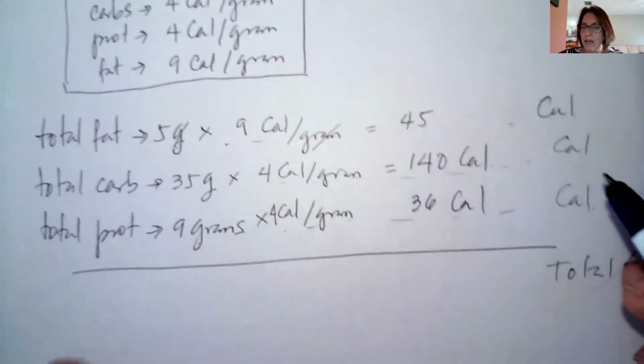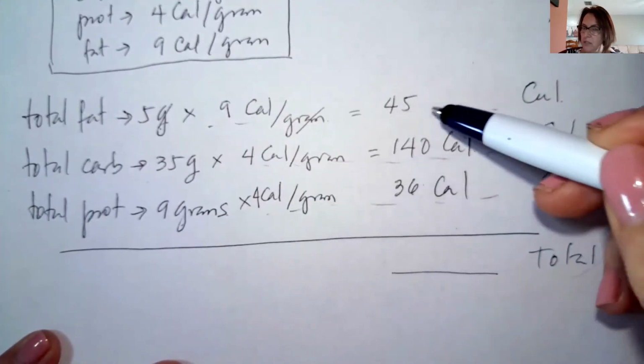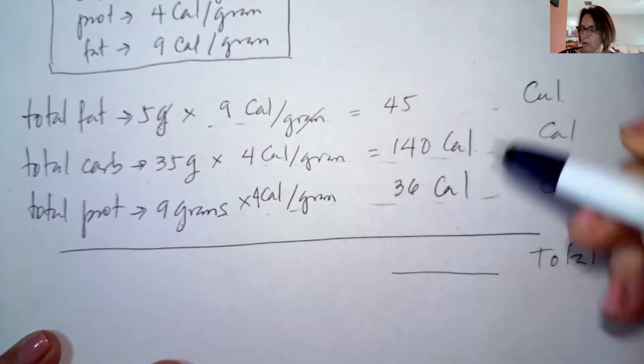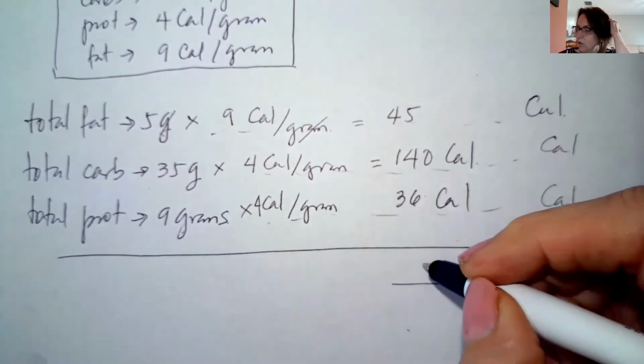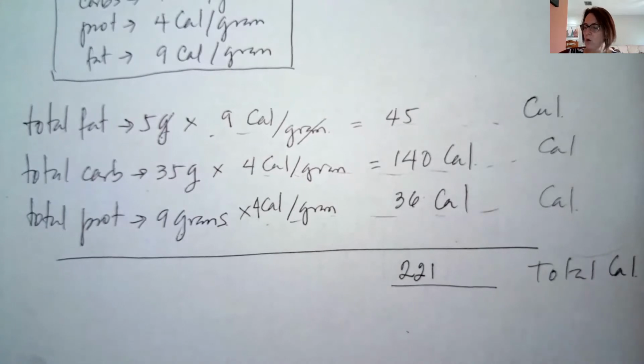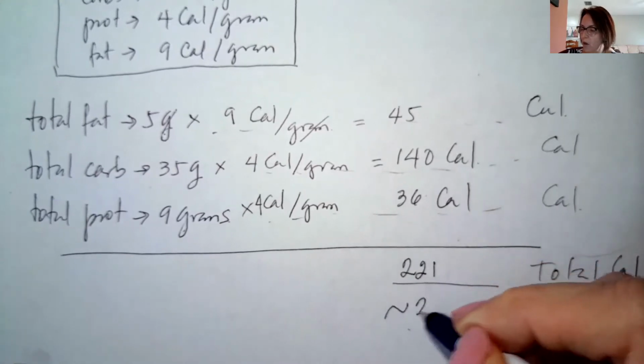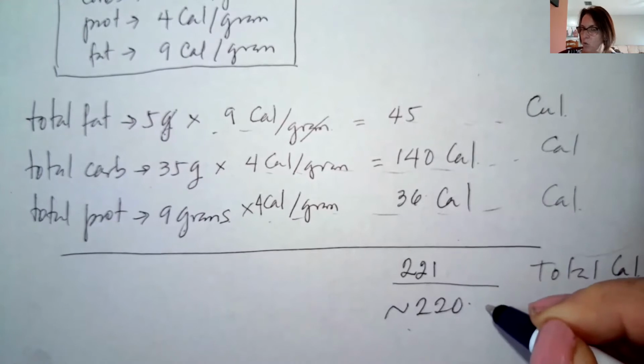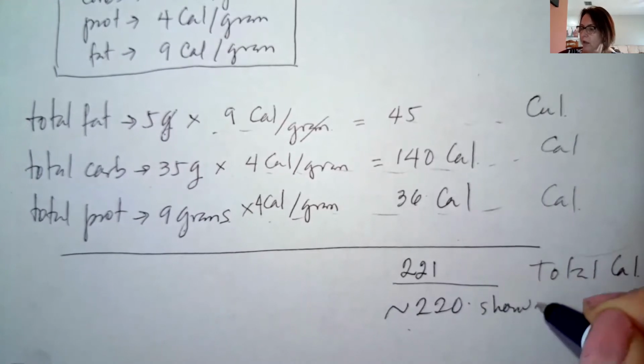Okay. To find the total calories, I just need to add them all. And this gave me 221 calories, which is pretty close if I round the number to the 220 shown in the label.